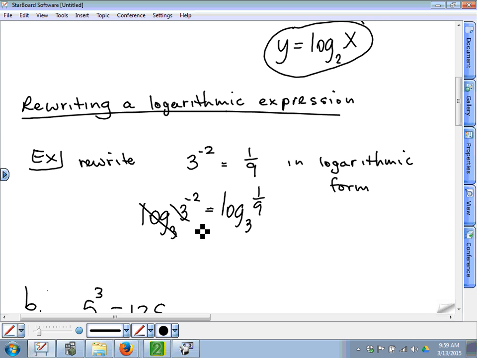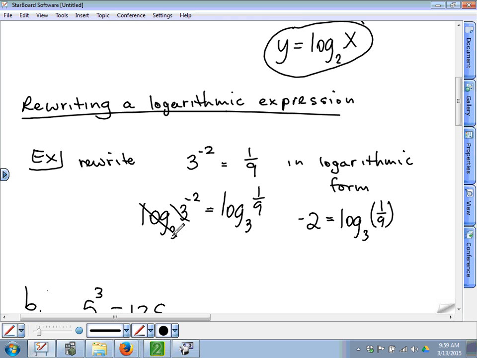Cancels out the base of 3. So then it just becomes negative 2 equals log base 3 of 1/9, and that's the answer. There's no more exponents anymore, right? So this is no longer exponential form, it's logarithmic form.